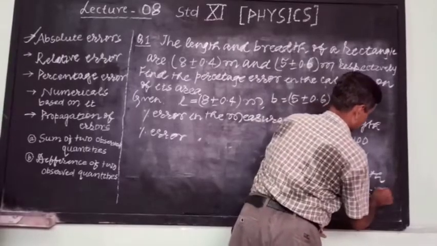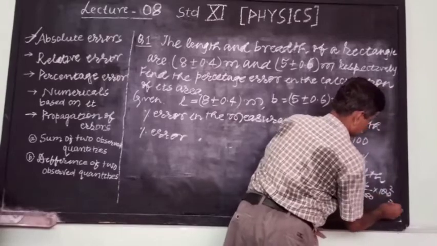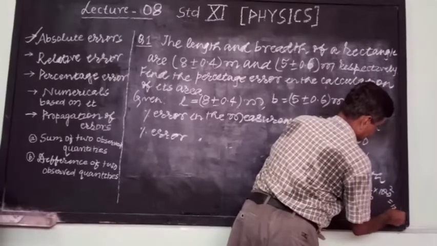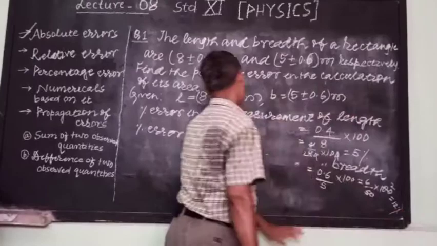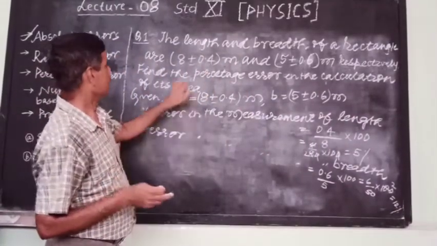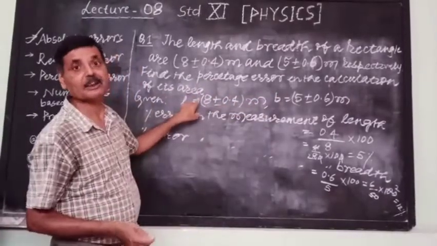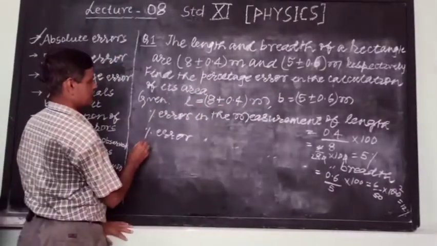So the final value becomes 6 to the 12%. This is the percentage error in the breadth, but you have to calculate the percentage error in the calculation of its area.